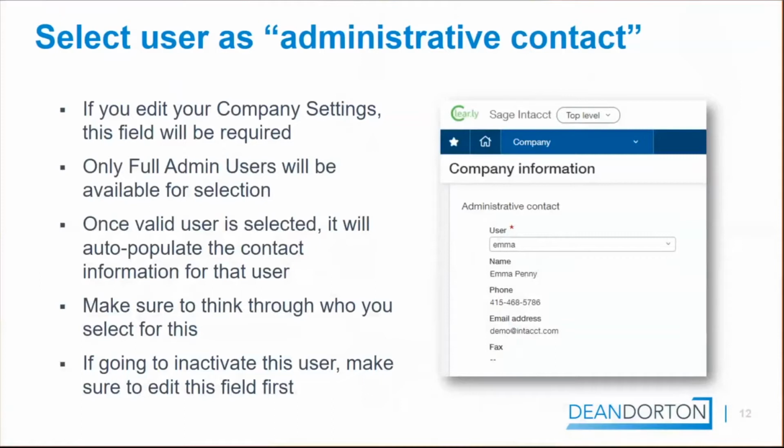And once you select the valid user, as you see in the screenshot here, it's going to auto-populate their contact information. If you need to inactivate your full admin user, so say they have moved on, they have retired, whatever the case may be, and you need to switch it, you have to make sure that you go and assign a new admin user first, or you're not going to be able to deactivate whoever is associated with this administrative contact.